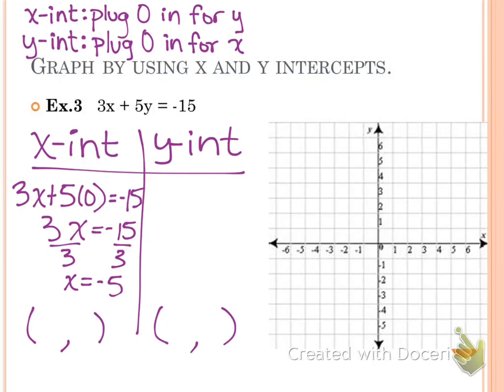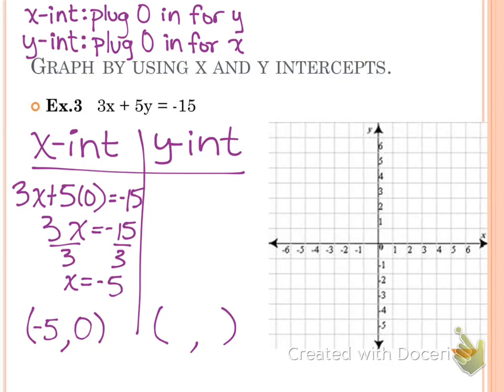Negative 5. We said x equals negative 5. That is my x coordinate. What's my y coordinate going to be here? 0. If it's on the x-axis, my y-coordinate is 0, but also I plugged in a 0 in the very beginning. I said y is 0, so y should still be 0 down here.